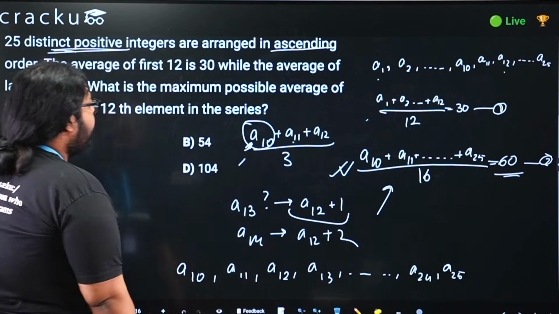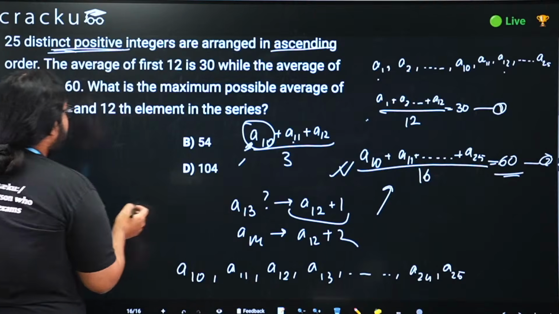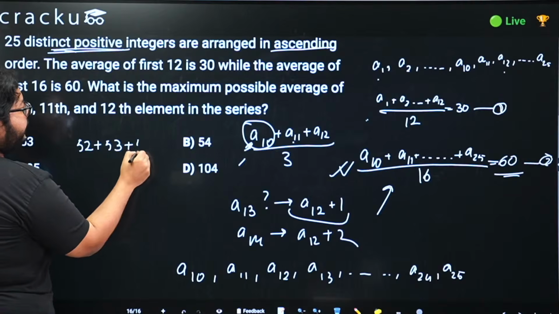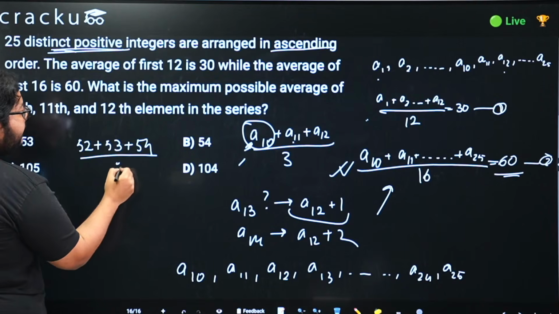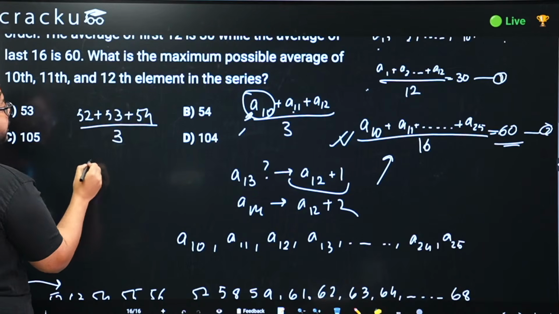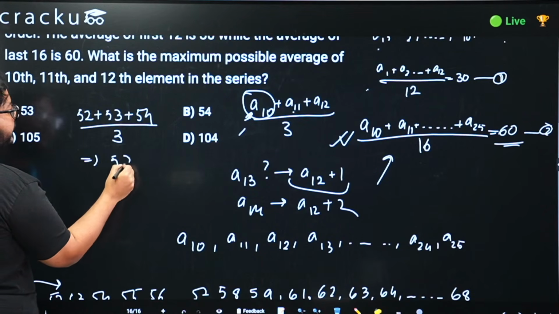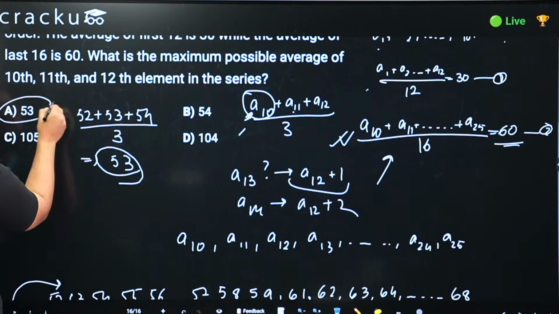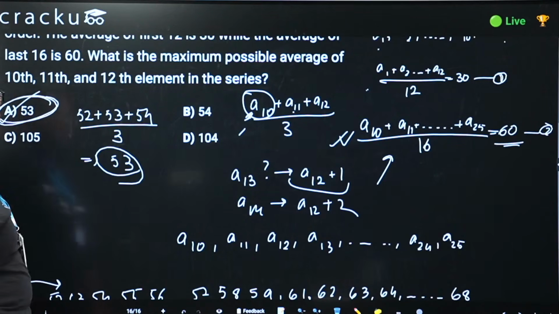That tells me A10, A11 and A12 can be 52, 53 and 54, and their average, divided by 3, should be 53. So the correct answer here should be option A, which is 53.